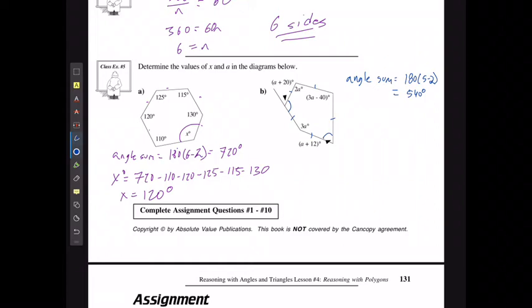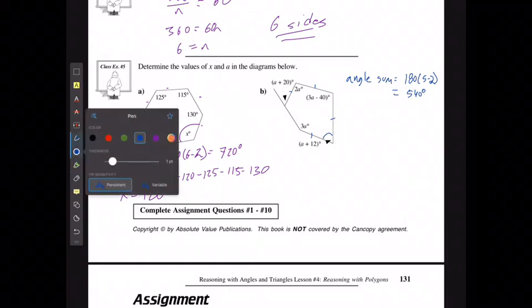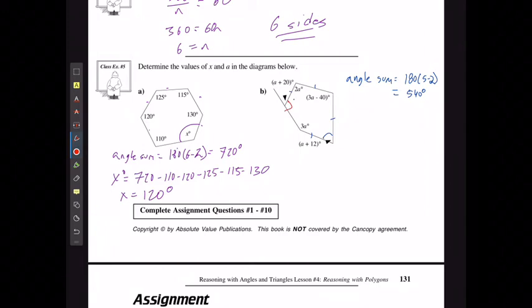The next thing I'm going to say is I know what all these angles are with the exception of this one. Well, if I want to call this angle here b, because it creates a straight line with this part, I'm going to say that b is going to equal 180 minus (a plus 20).